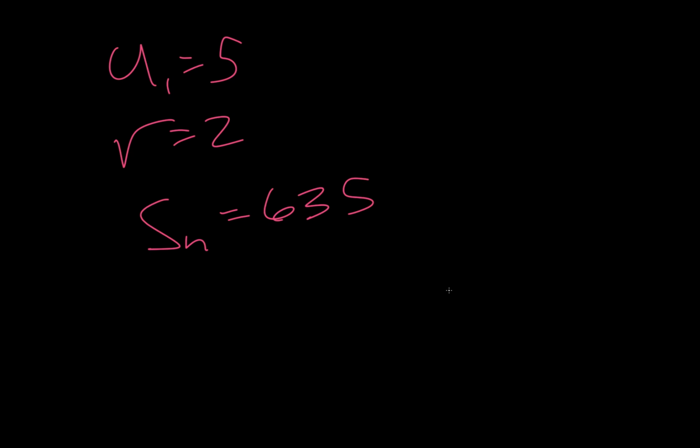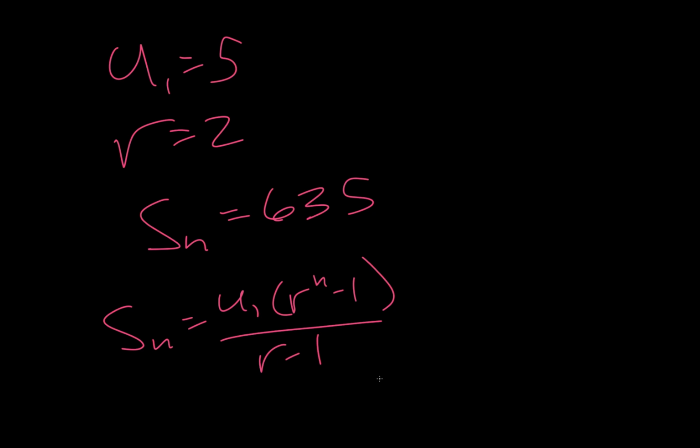So we can set it up. We can do this one by hand if we want. So Sn is u1 times 1 minus r to the n over 1 minus r. I'm just going to use the other formula so you can see that it really is the same thing. If you use the version of this formula that we did on the previous problem, that's fine. It'll work out the same way.